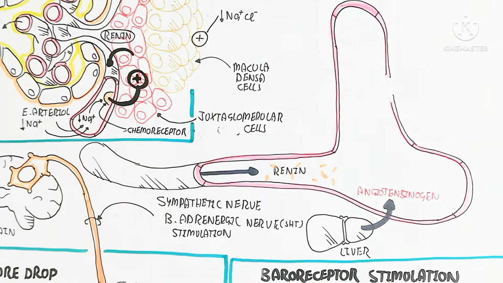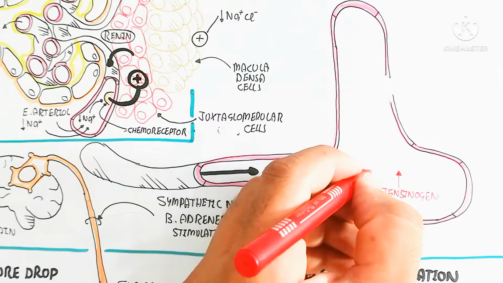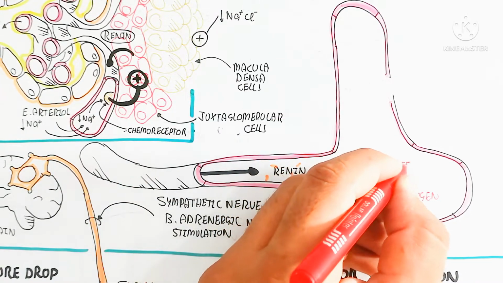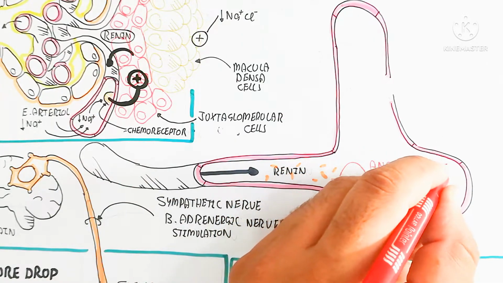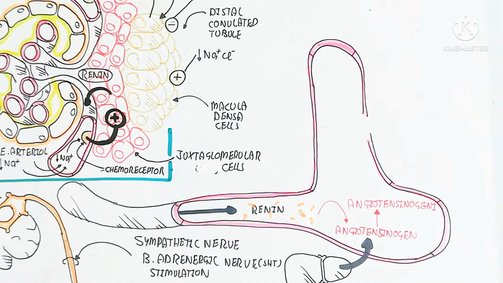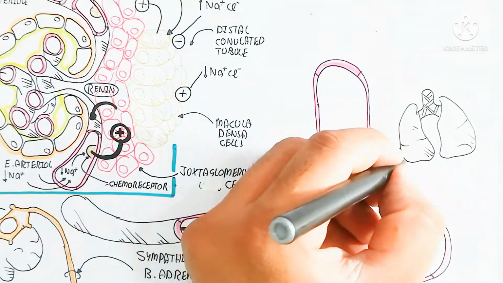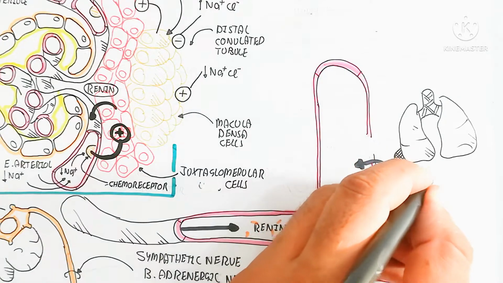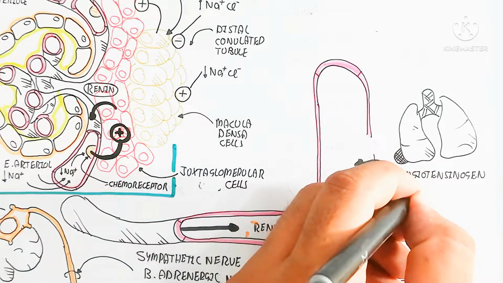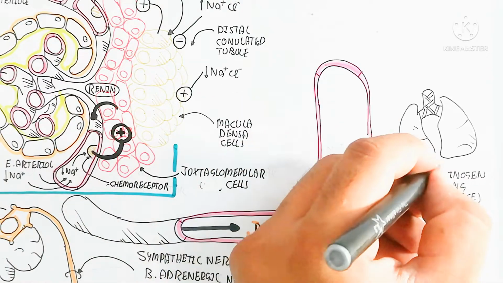Let's understand the function of renin. Here is the liver, which contains the angiotensinogen protein. Through renin stimulation, angiotensinogen will convert to angiotensin 1, which requires the angiotensin converting enzyme, ACE.